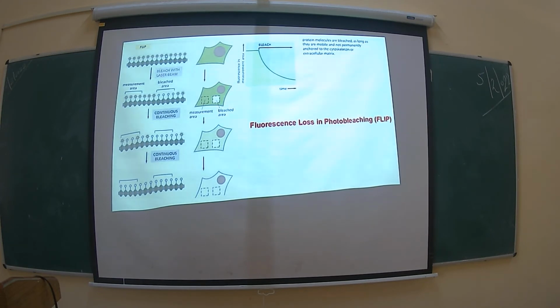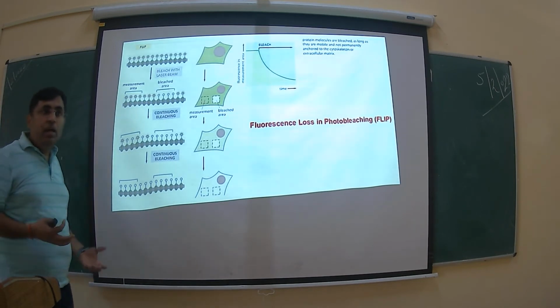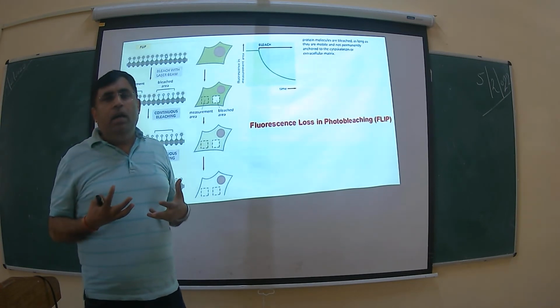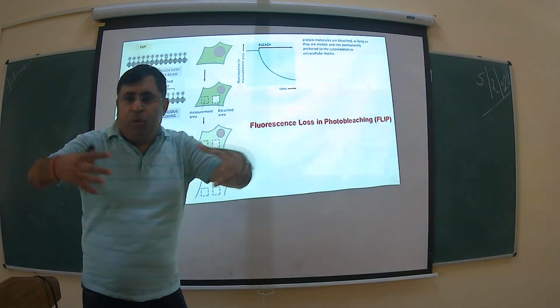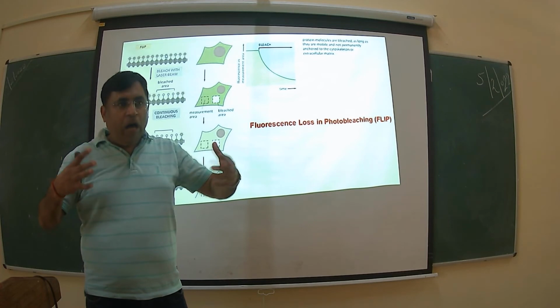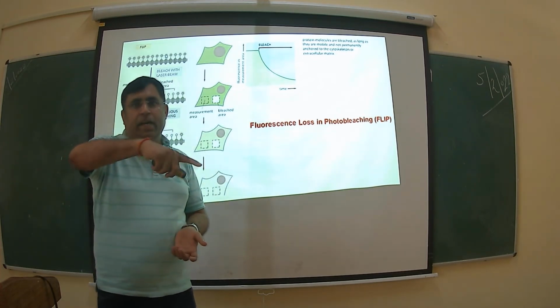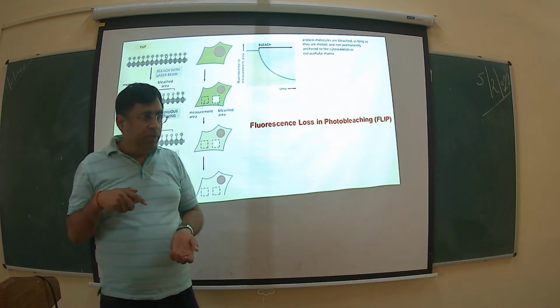So these protein molecules are bleached as long as they are mobile and not permanently anchored to the cytoskeleton or extracellular matrix. So this is the FLIP method, where you are looking at the total diffusion of all the protein, how much of the protein is getting diffused in a particular area. You got this point?